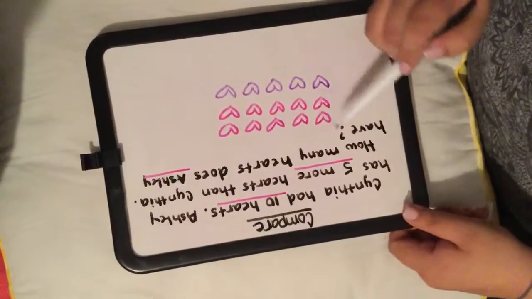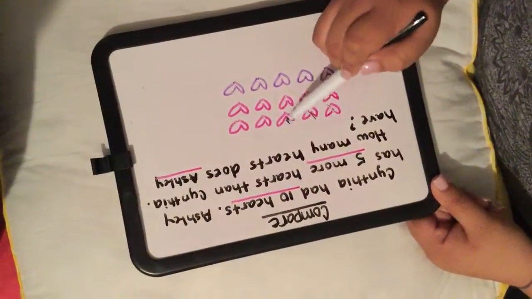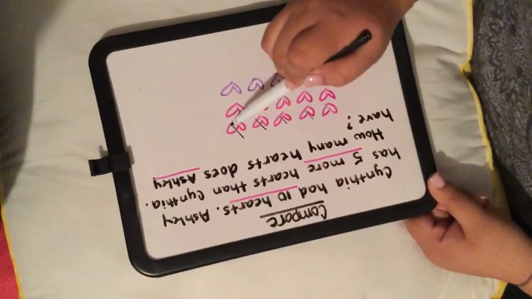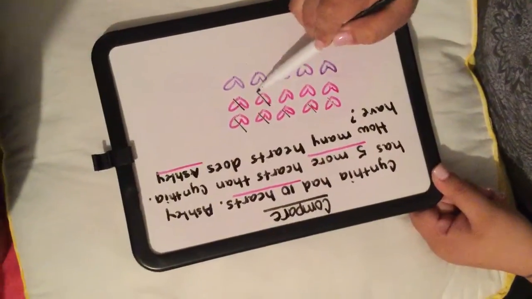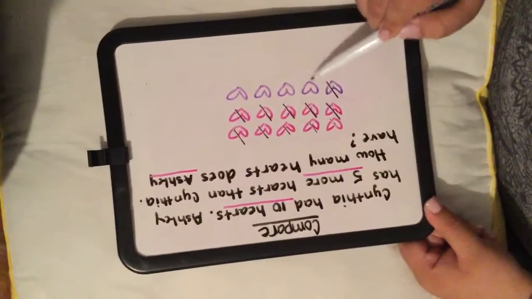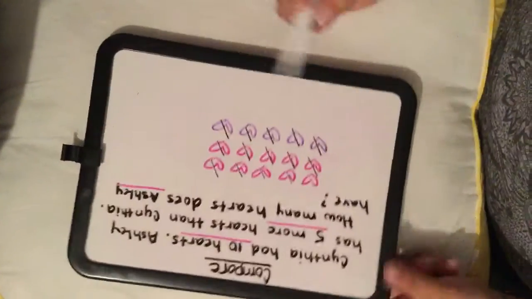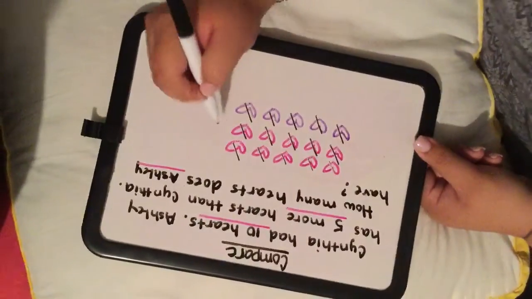So we'll just cross them out. 1, 2, 3, 4, 5, 6, 7, 8, 9, 10, 11, 12, 13, 14, 15. So the answer is 15.